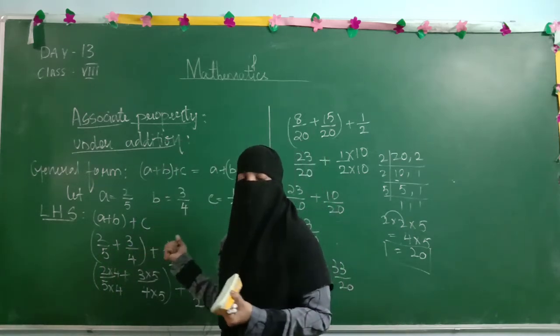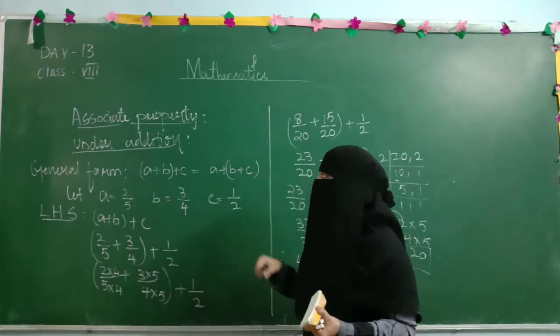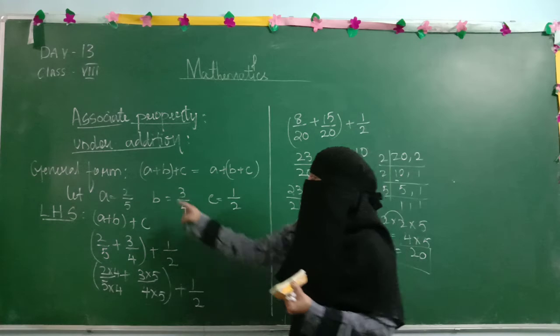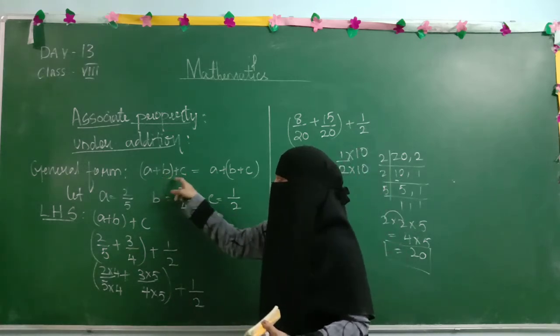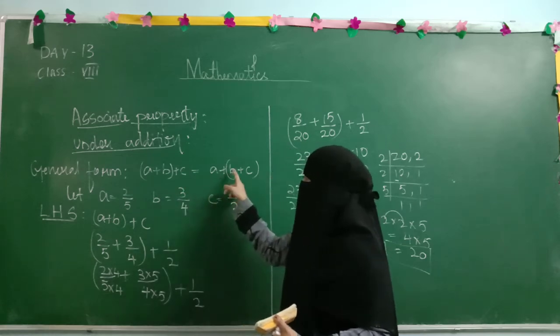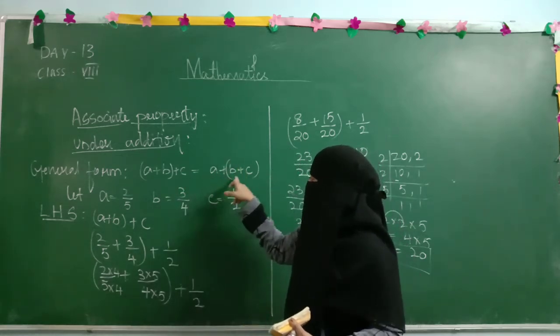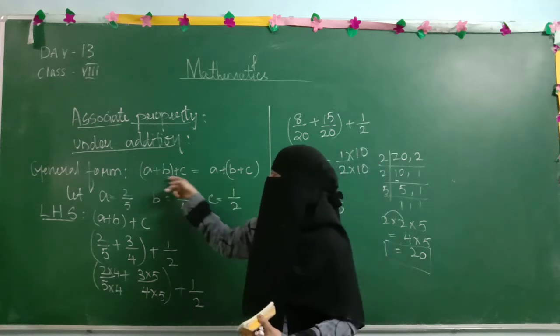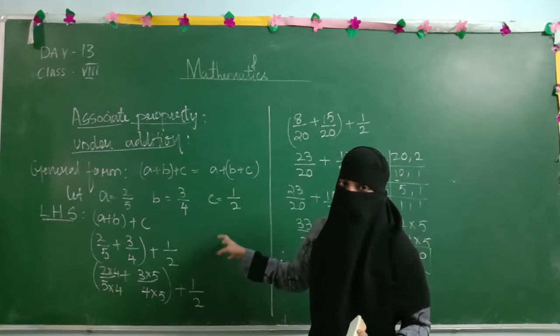So here first we are performing the associative property under addition. The general form is (a + b) + c, this is the way to pronounce it, equals a + (b + c), where A, B, C, as I already said, are any rational numbers in p by q form.